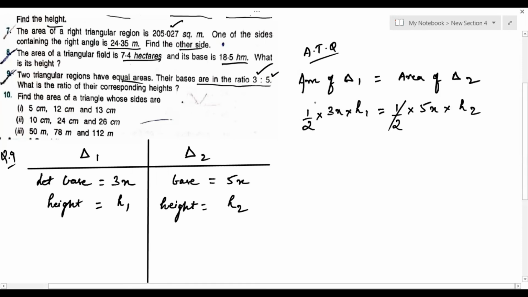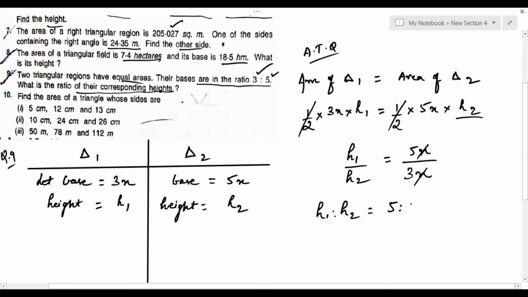Now half will get cancelled. Question is saying you find the ratio of their corresponding heights, means height 1 upon height 2. So into h2 will go that side, it will become divided by h2. And into 3x will go that side, it will become divided by 3x. X will get cancelled, and the ratio of h1 is to h2 is 5:3. So the required ratio of their corresponding height is 5:3.